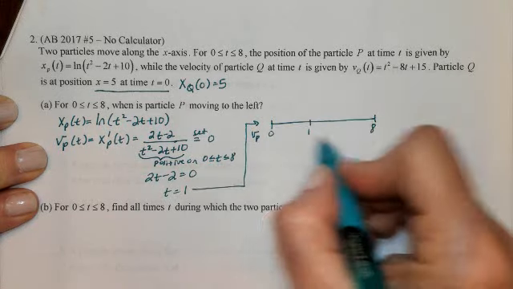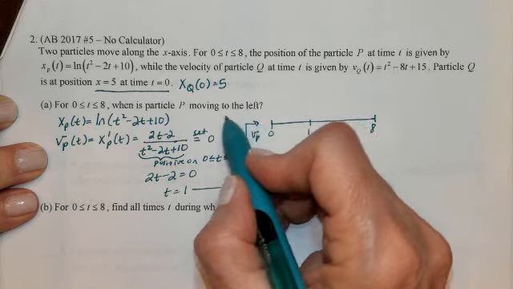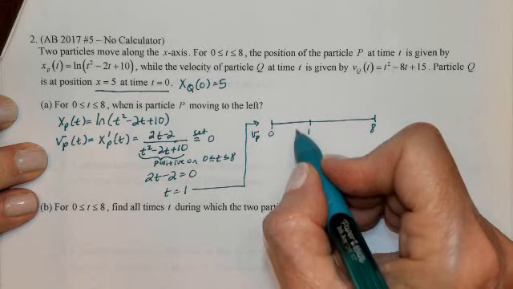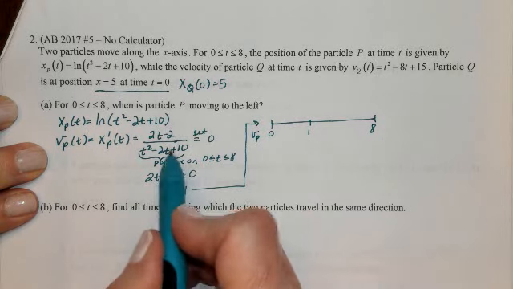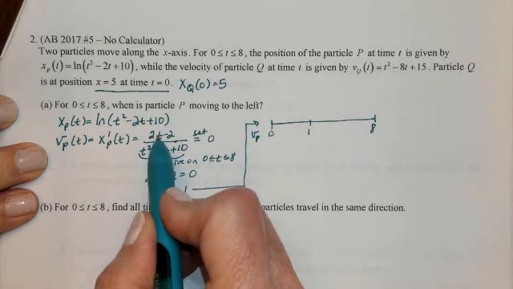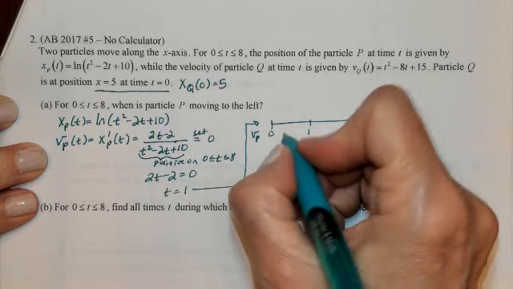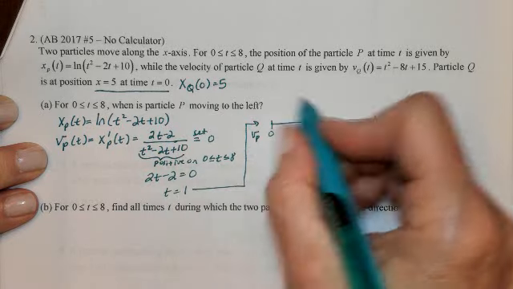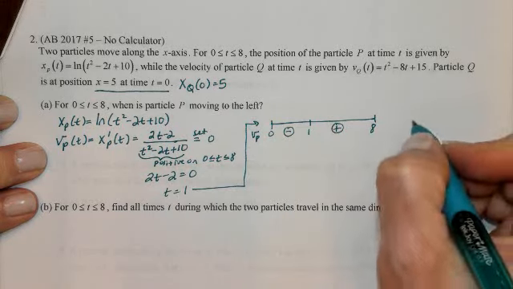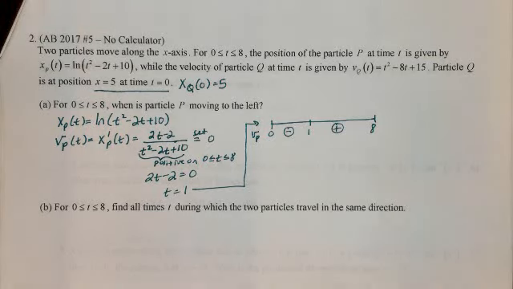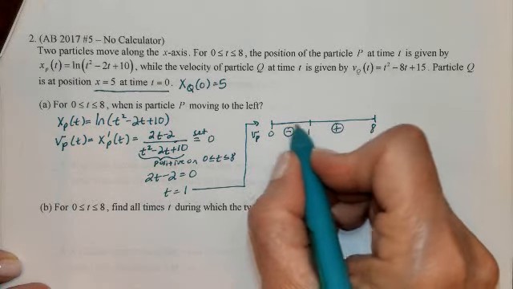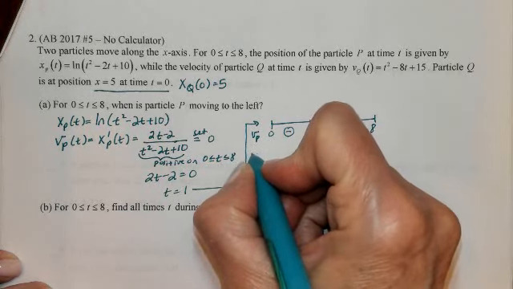And now I'm going to do a little sign chart to see where v is negative, right? So if I put in a half for t, the denominator is positive. The numerator, if I put in a half, I'll get a negative on top. A negative divided by positive is a negative. And since this is not a double root or anything, it's going to alternate values here. So the particle moves to the left from time 0 to 1. So that's going to be my answer.